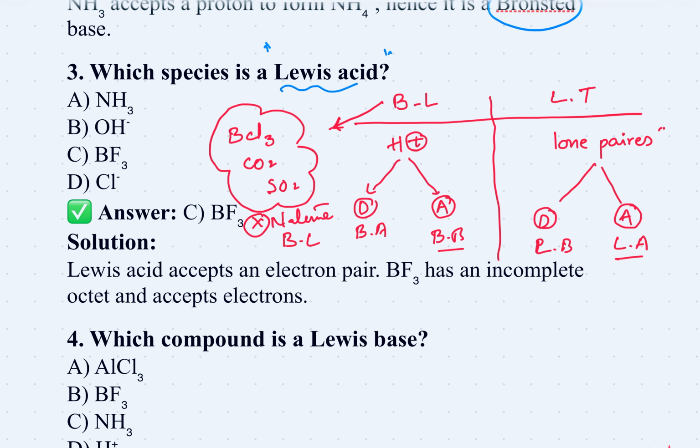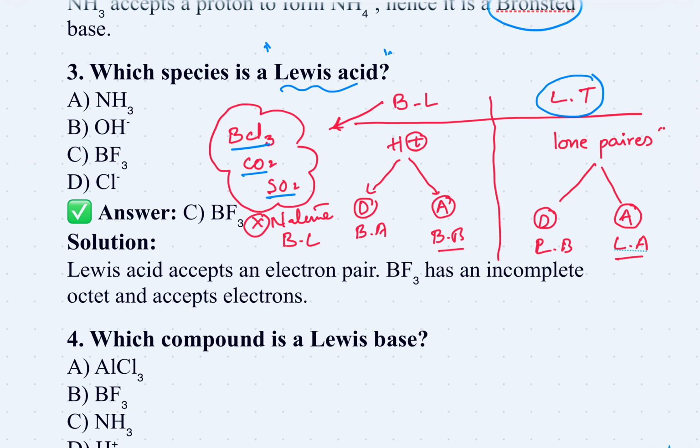So according to BL theory, we don't know the nature of BCl3, CO2 or SO2. Therefore, one more theory is introduced, that is called Lewis theory. According to Lewis theory, we can explain all these things.